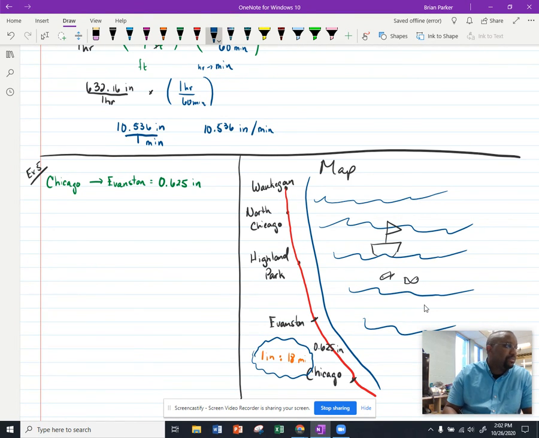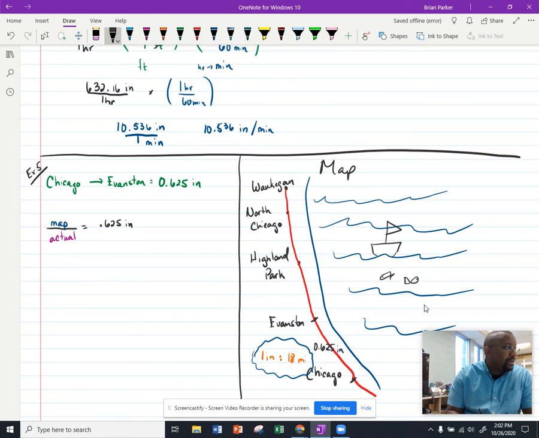So if I were to write this out, I'm always going to compare the map to the actual. Compare the map to the actual, right? So in this case, on the map, it's 0.625 inches.